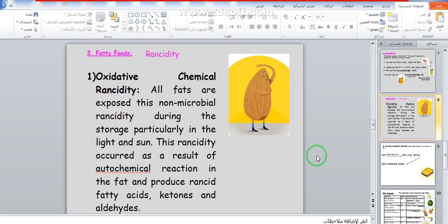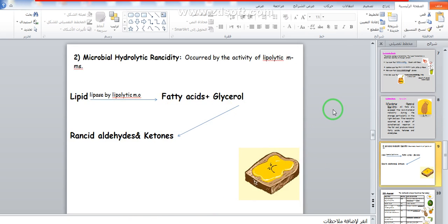This is an autochemical reaction. In the fat, it produces rancid fatty acids, ketones, and aldehydes. The second type of rancidity in fatty foods is the microbial type, called microbial hydrolytic rancidity, caused by the activity of microorganisms of the type lipolytic microbes.